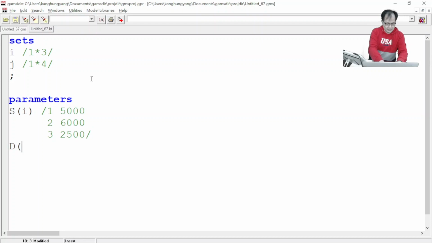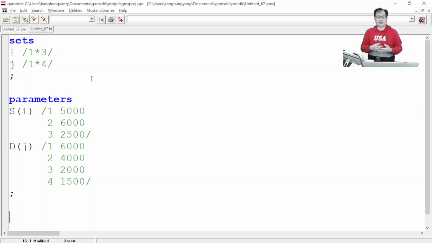And for the demand J, the first one is 6,000, the second one is 4,000, the third one is 200, and the fourth one is 1,500.